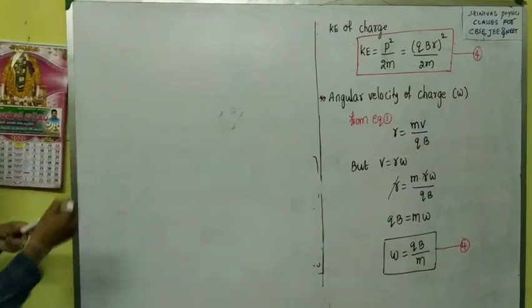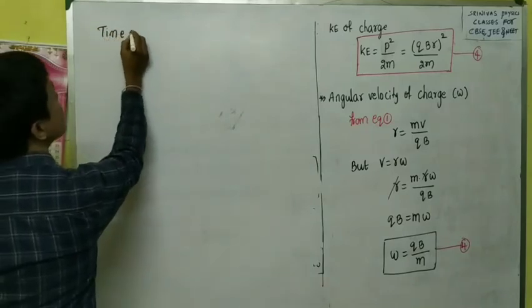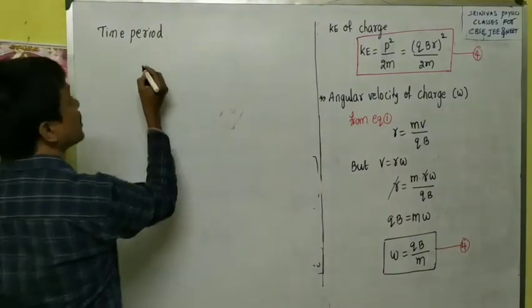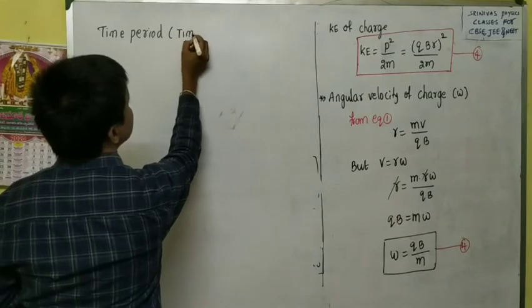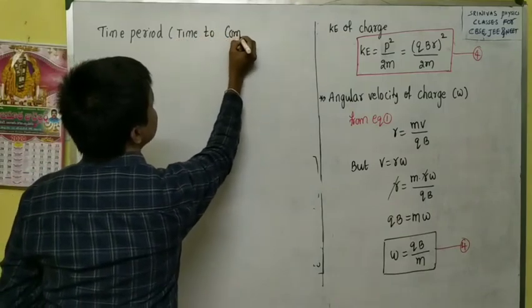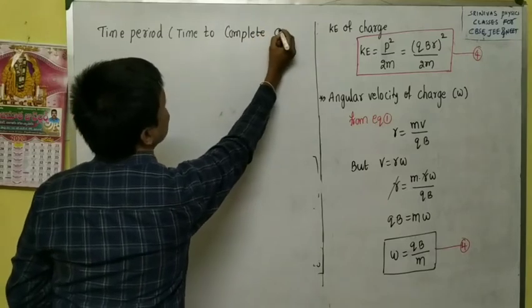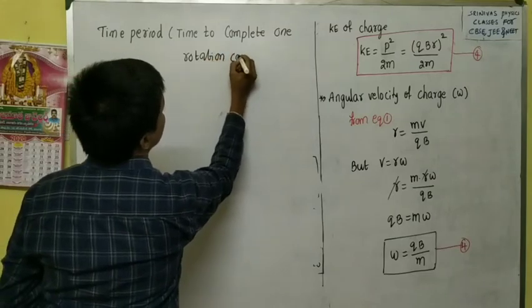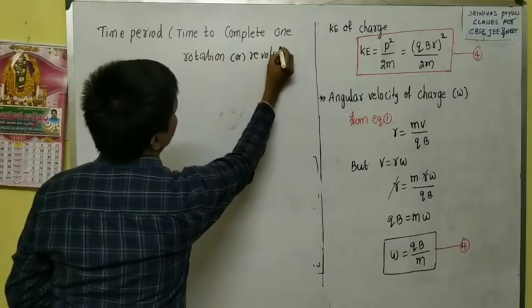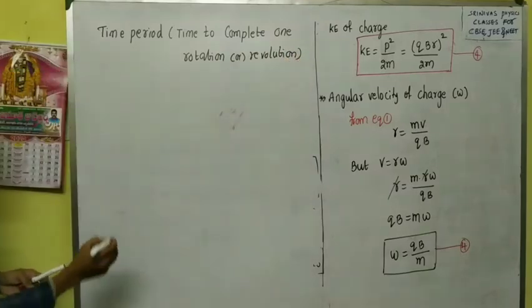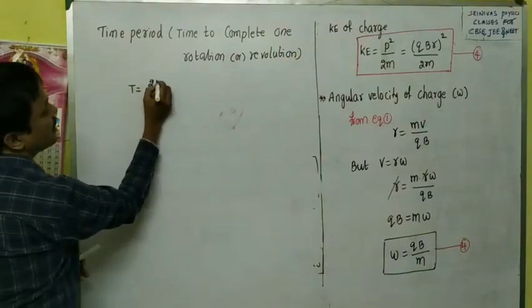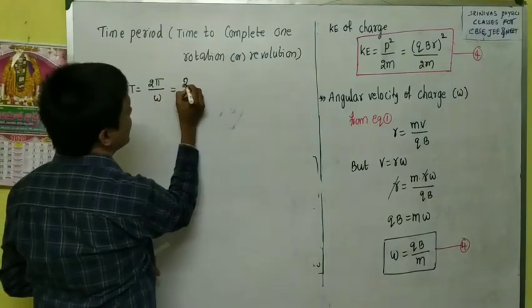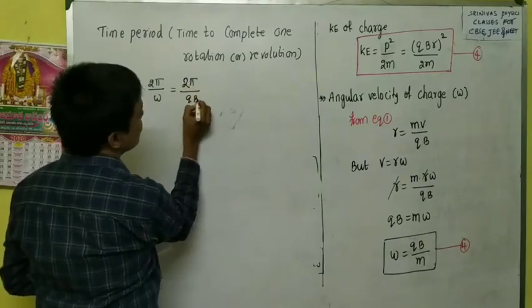But what is omega here? We got omega as qb by m.